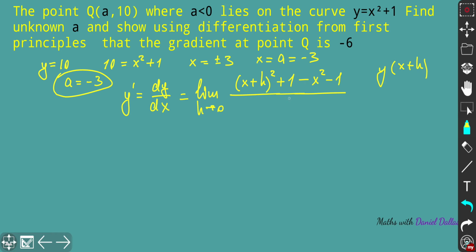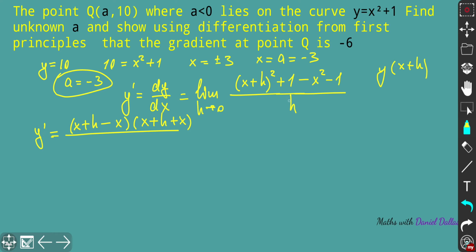So next we divide by h. Right now, we are going to rearrange a little bit, and the 1 is cancelled here. So I will get the difference of two squares, (x plus h) squared minus x squared, which I can rewrite as (x plus h minus x) times (x plus h plus x).